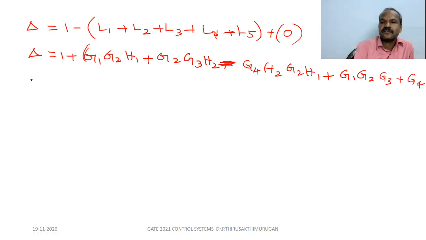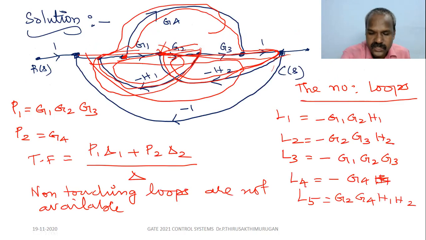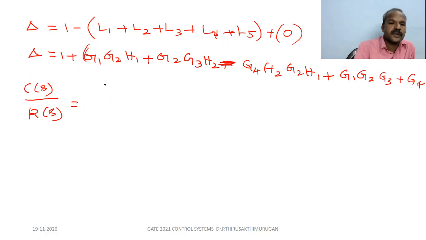So what is the transfer function? C of S by R of S equals P1 del 1 plus P2 del 2. P1 is G1, G2, G3. What is del 1? There are no loops not touching the first forward path.